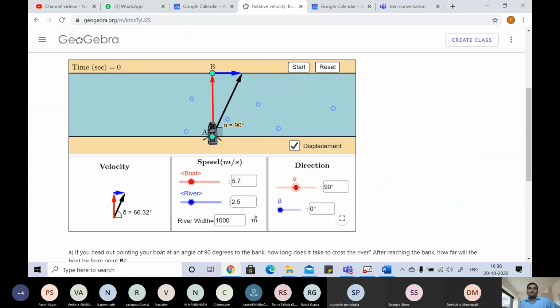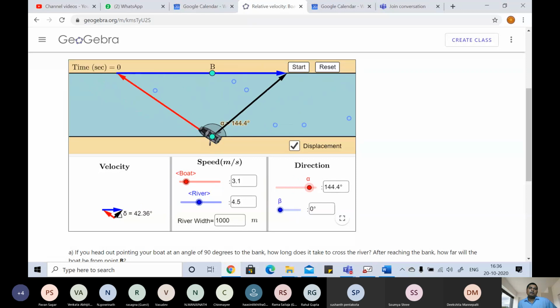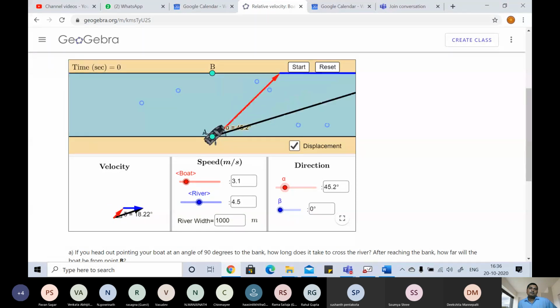As I told you yesterday, we have proved it. When the velocity of the boat is less than the velocity of the river, suppose boat velocity is 3 and river velocity is 5, then no matter at whatever angle you try, you will not reach B. You will cross the river, but you will not reach B. And why do we have to reach B?